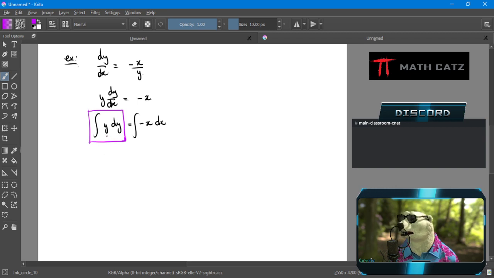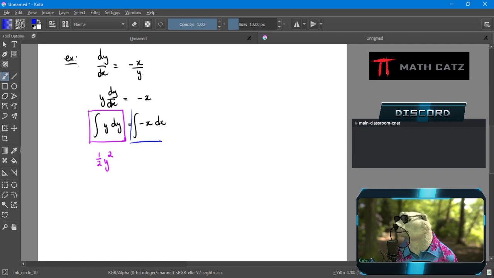This just happens to be an antiderivative question with y as the variable. It's asking what is the function in y that has derivative y? Well, it's going to be y squared with a 1/2 correction. When I'm done with that one, I put the constants on hold until the end.